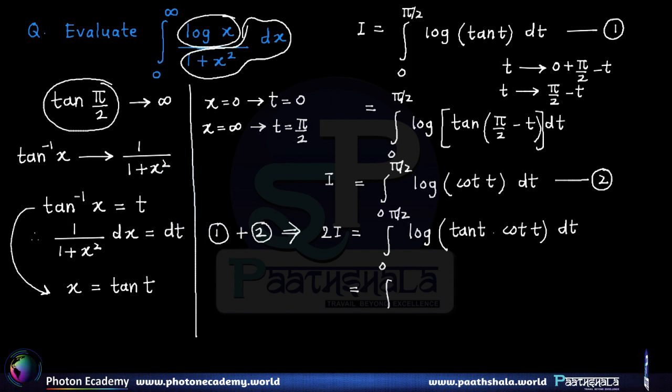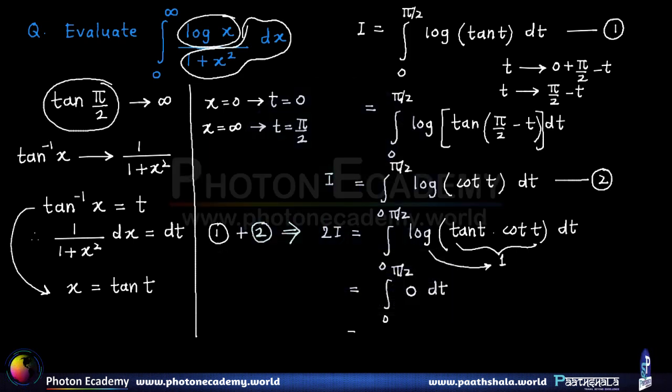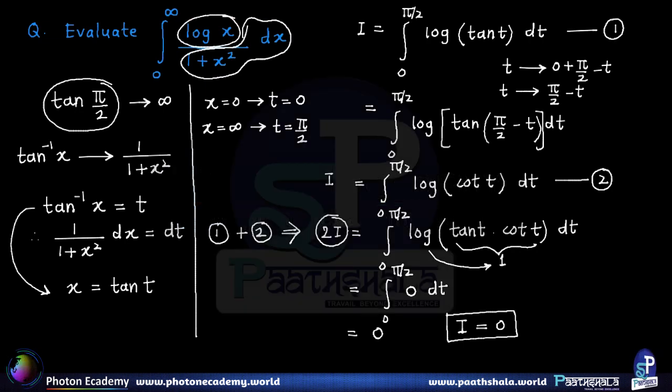So that gives us integral from 0 to pi by 2 of log of tan t into cot t. Now tan t into cot t is equal to 1, right? And we know that log of 1 is 0 to any base. So ultimately we have the answer as 0 because there is nothing to integrate here. And since the value of 2I is 0, that automatically gives us the original integral also is equal to 0. So that's how we use the substitution method and the properties to solve this question.